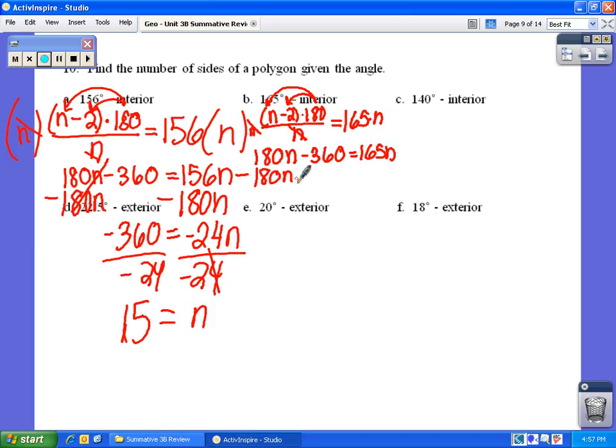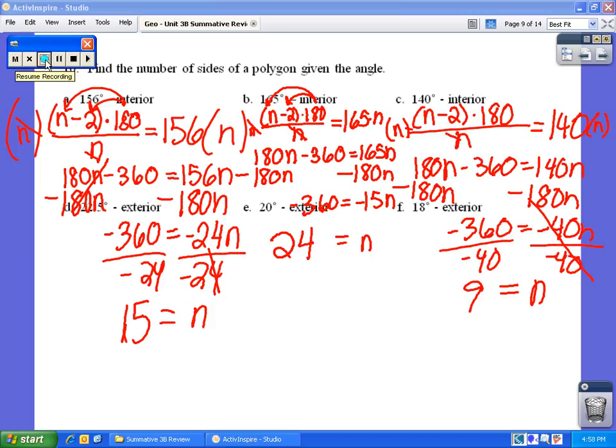Subtract 180n from both sides, and I get negative 360 is equal to negative 15n, which means that n must be 24. For the last one, I got n is equal to 9, so this must be a nonagon.